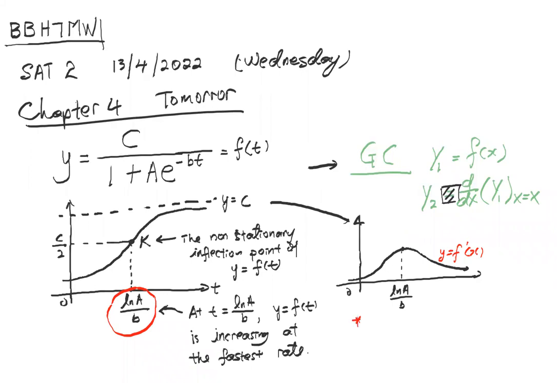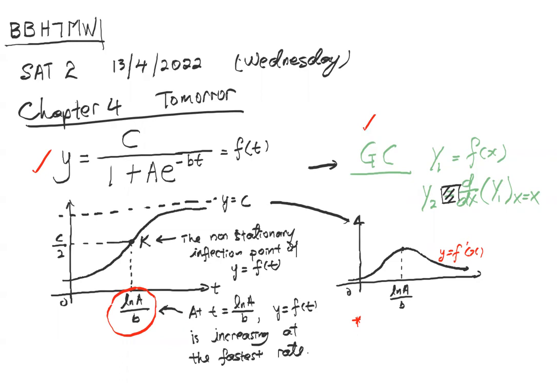For this case, I'm not going to use a graph because plotting a graph is another hassle. Since I have the formula, I just apply the formula. If it's not a function like this, I'm going to use this method.